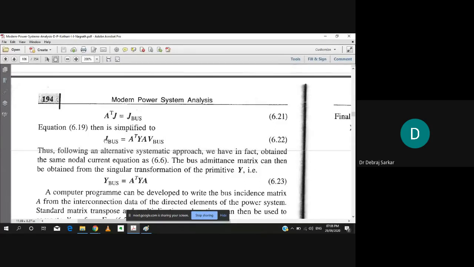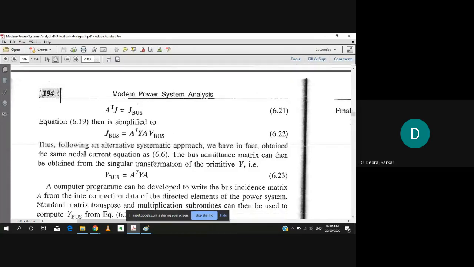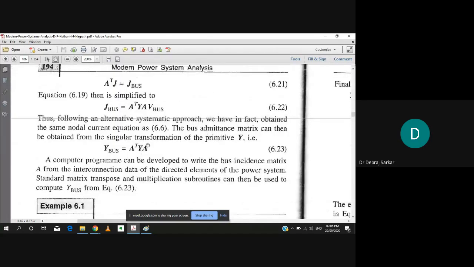That is, the J bus, or the matrix formed by all the current sources to the buses, is equal to A transpose into Y into A into V bus. From here we can say that the actual bus admittance matrix Y bus is given as A transpose Y into A.